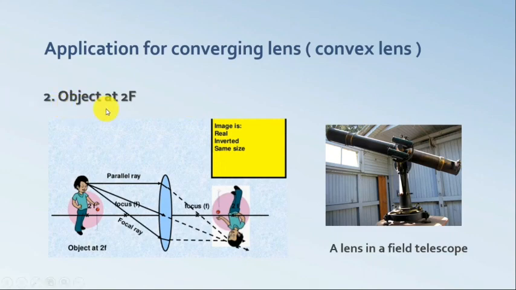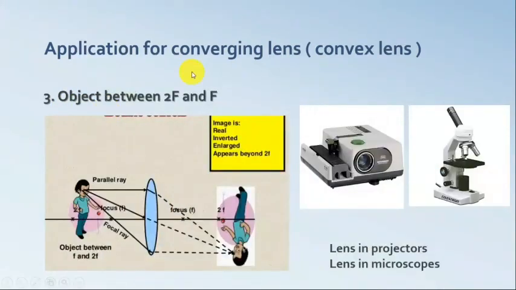Okay, when the object is at 2f, we use it in this case. Object between 2f and f. Look, the image is beyond 2f, larger, inverted, and real image. In this case, we have it in projectors and in microscope.